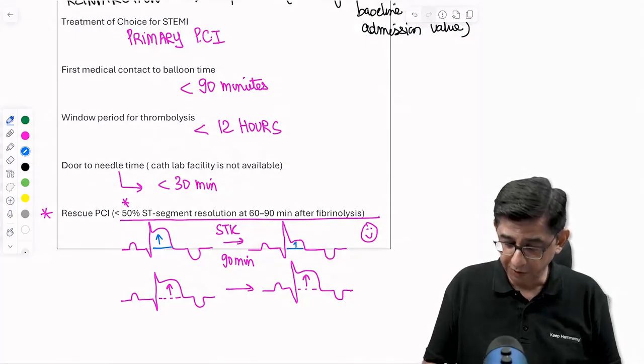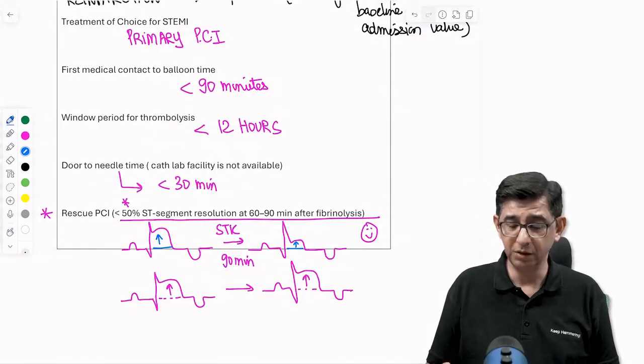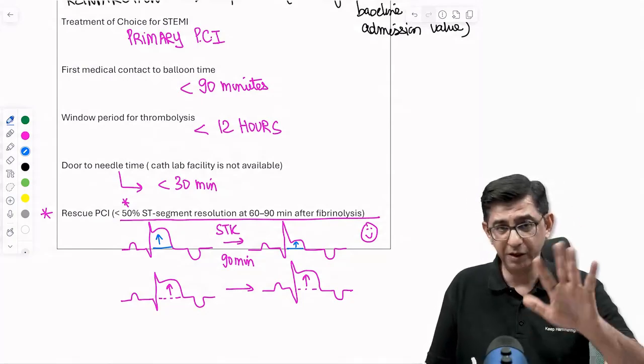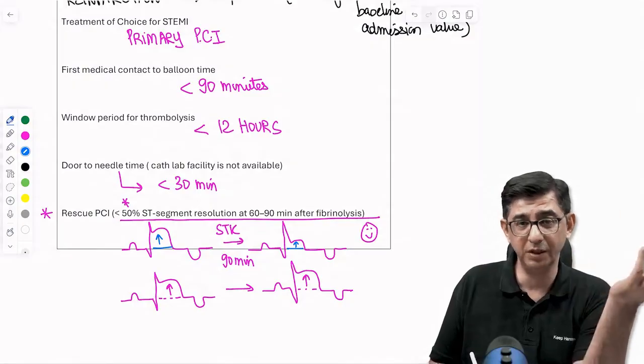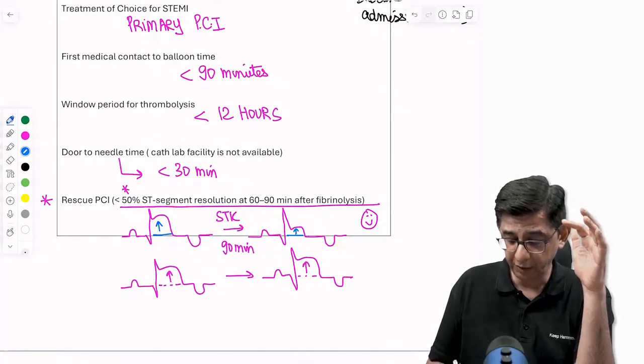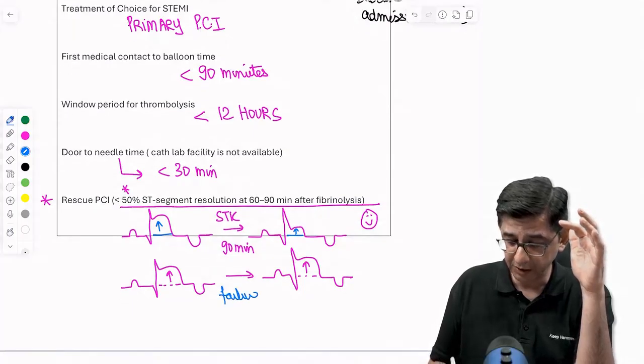If it is coming down, if it is becoming lesser, good. This means successful thrombolysis. But if the ST elevation is remaining the same, and the definition says ST elevation should come down by at least 50% at 90 minutes after fibrinolysis, this is what I've described as failure of thrombolysis.